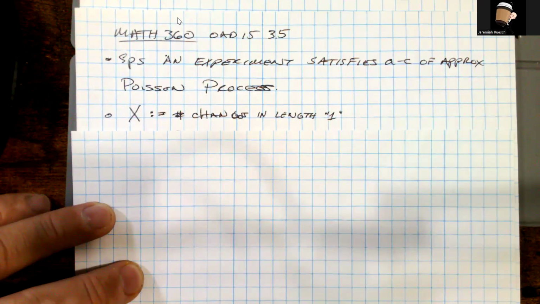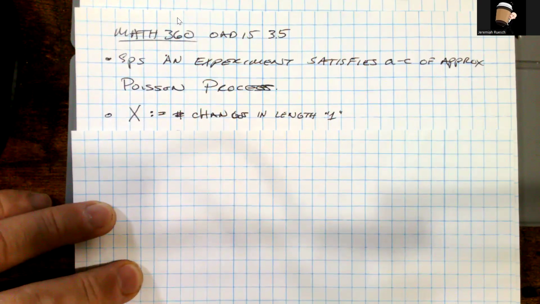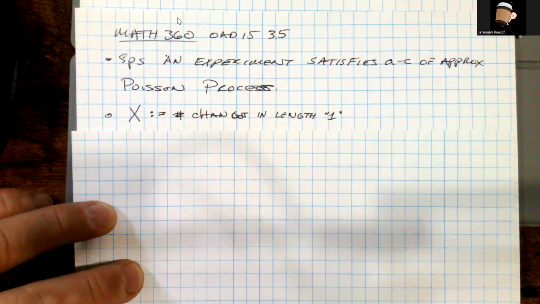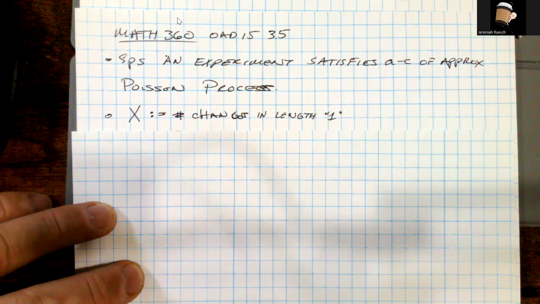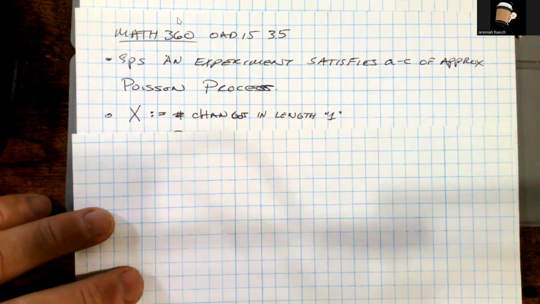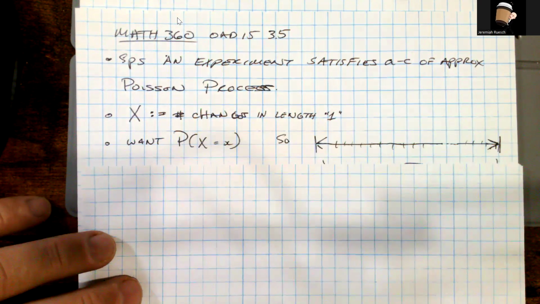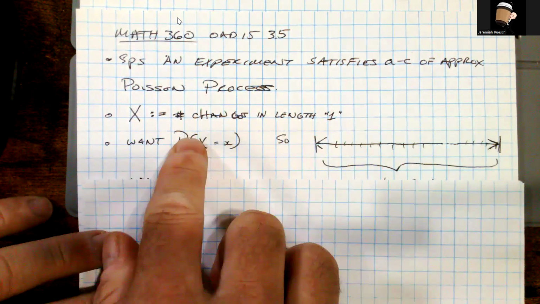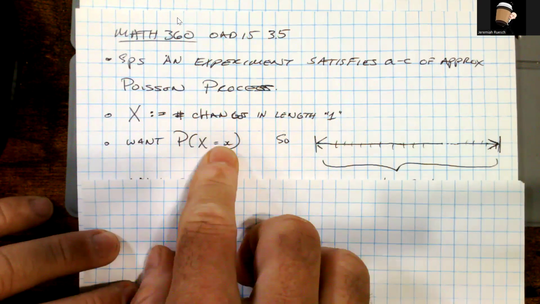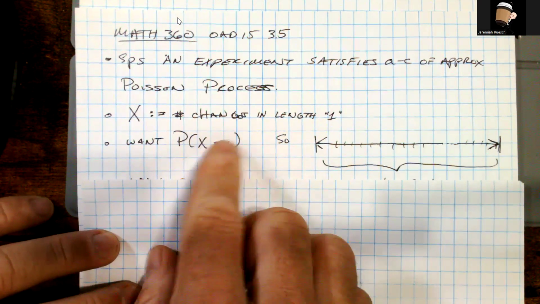So we're really partitioning this interval up, and we want each interval to be sufficiently short, so that you only have one event occurring per unit length. Okay, so what we're trying to figure out is the probability that X equals x. So when does that occur?